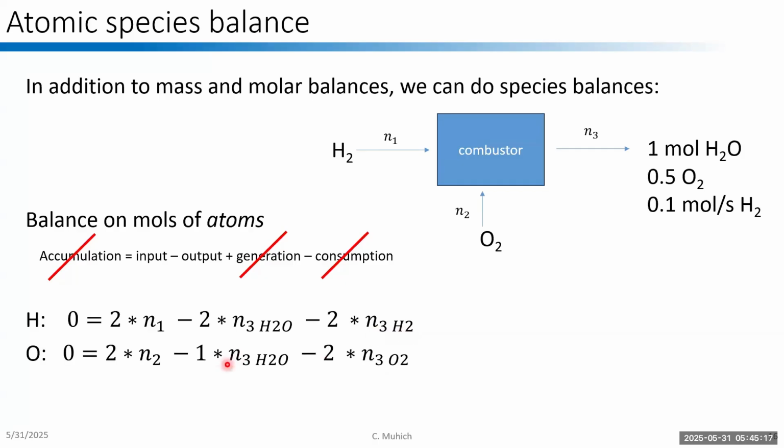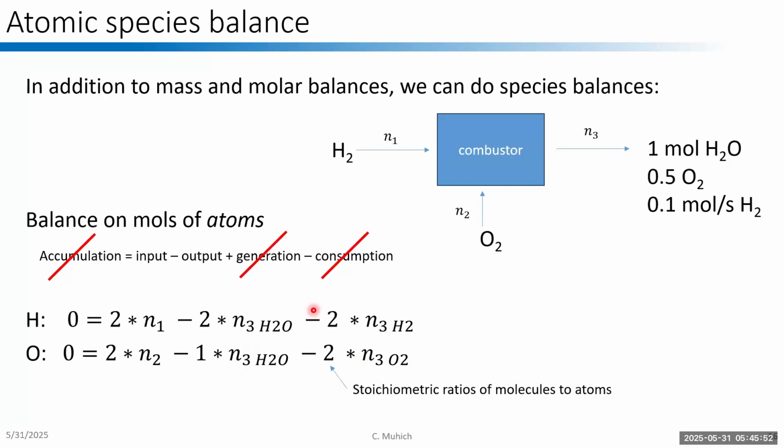Okay, I can do the same thing for the oxygen balance. There's no accumulation. There's 2 moles of atomic oxygen for every mole of molecular oxygen. So we have twice N2 minus 1 times N3, because there's only 1 mole of oxygen in each mole of water, minus twice the molar flow rate of molecular oxygen in that output stream.